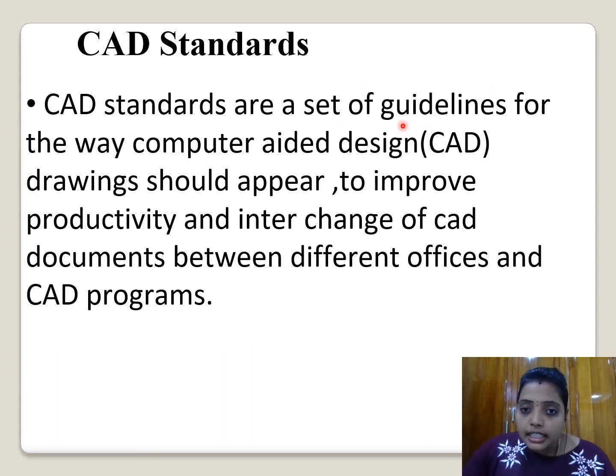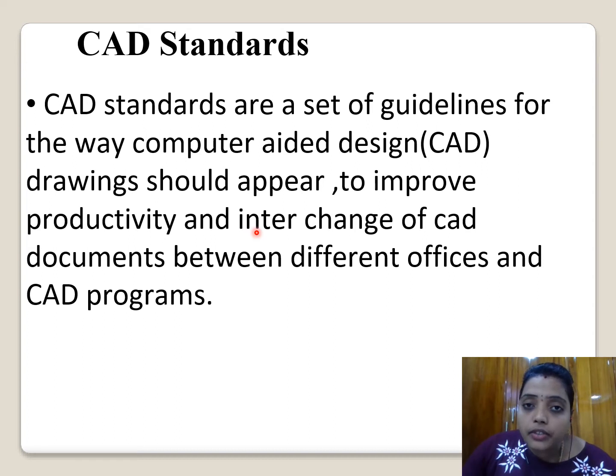By using this CAD software, what are we doing? We are drawing an object, appearing that object on the screen and improving the design to our customer requirement and increasing the productivity. We will send this document to the customer.